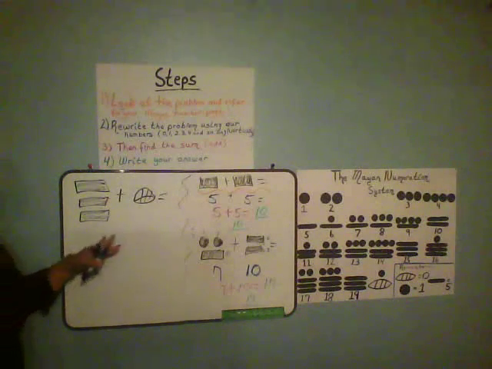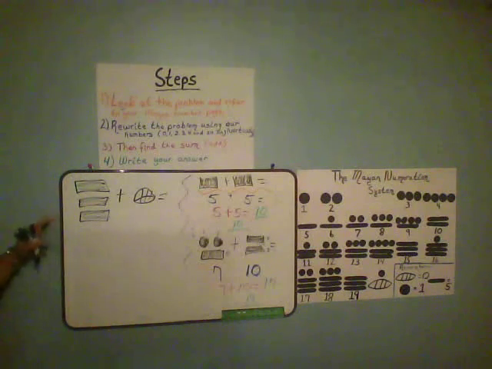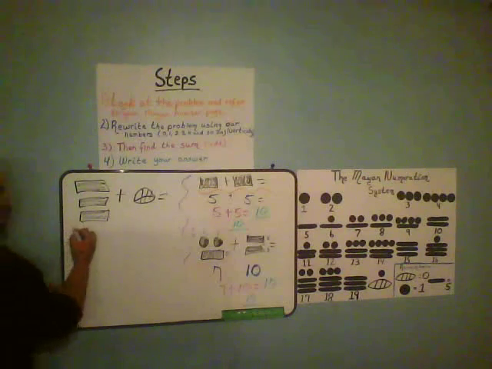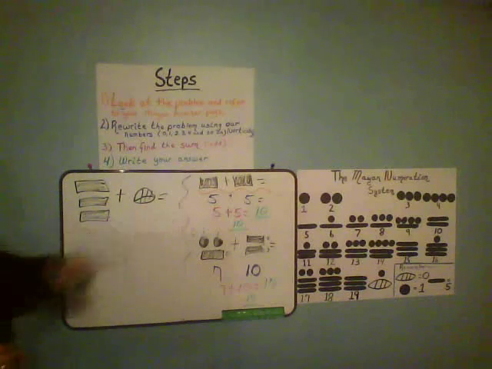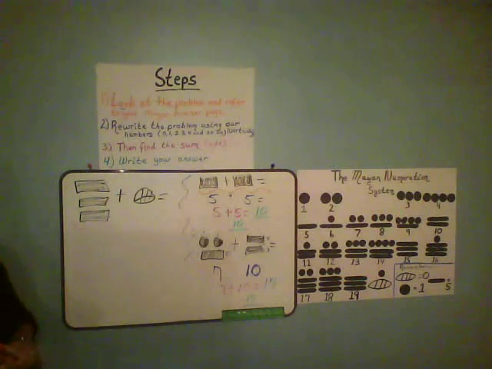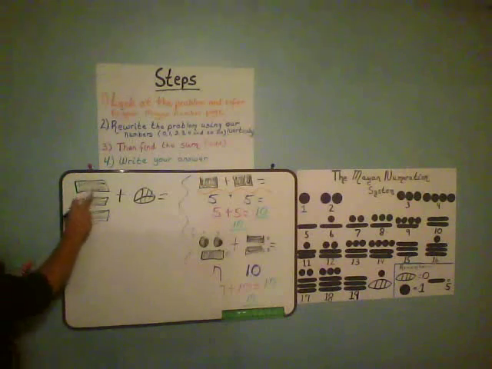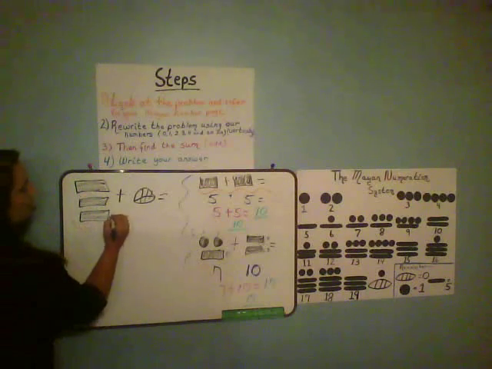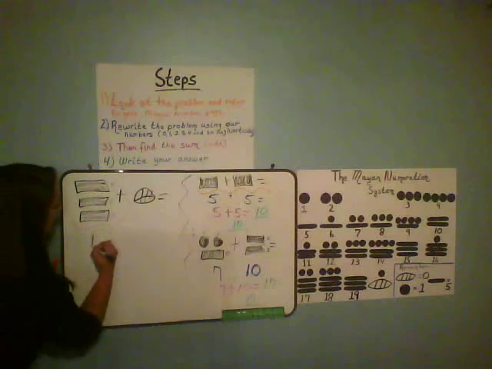Okay, so let's talk about our steps. Kendall, what is the first step? Right, look at your problem. Second step, Emily, rewrite them using our numbers. So, Emily, what did you get? Right, 5, 5, 5. So 5, 10, 15. Good.